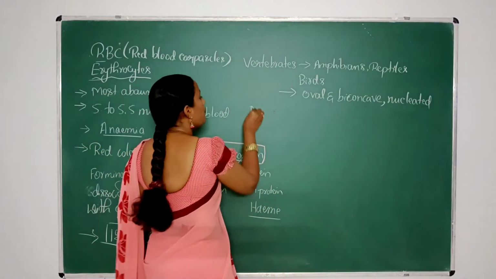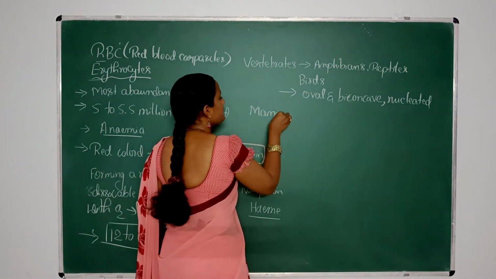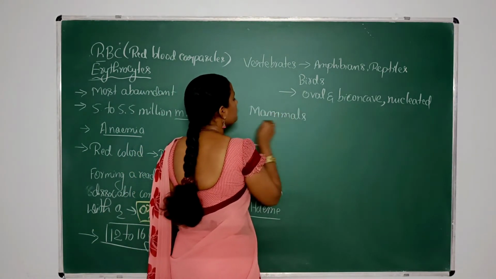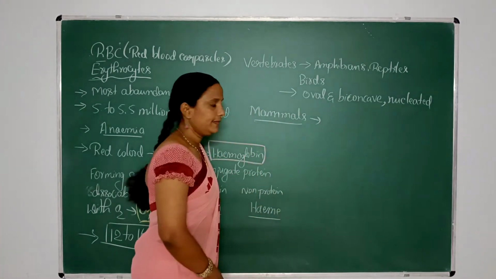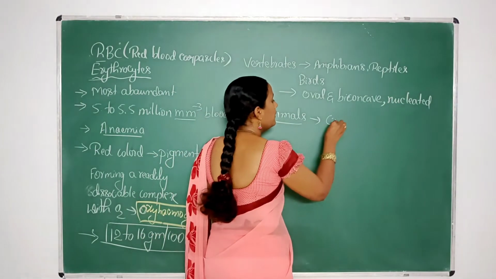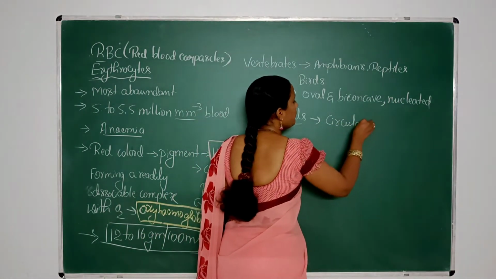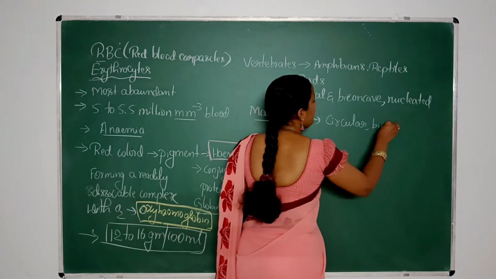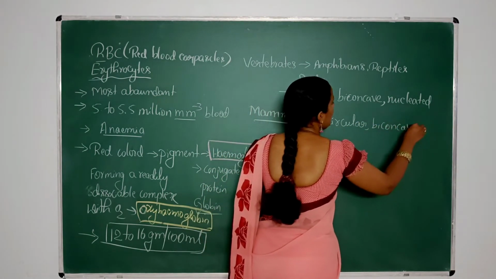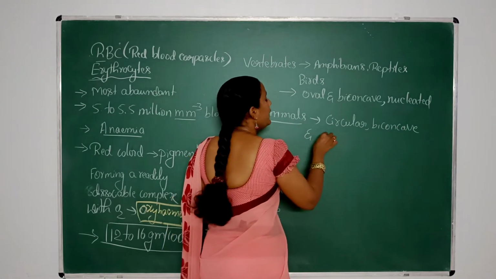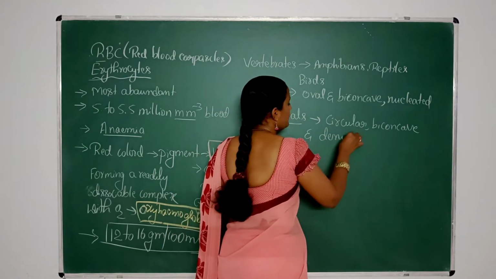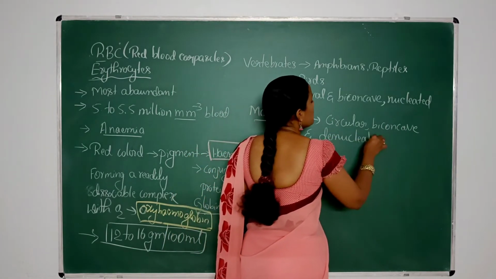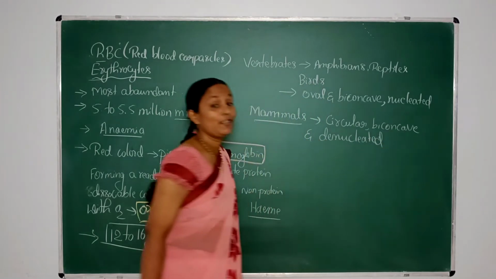Whereas in case of mammals, the RBCs are circular, biconcave and denucleated. Mammals do not have the nucleus.